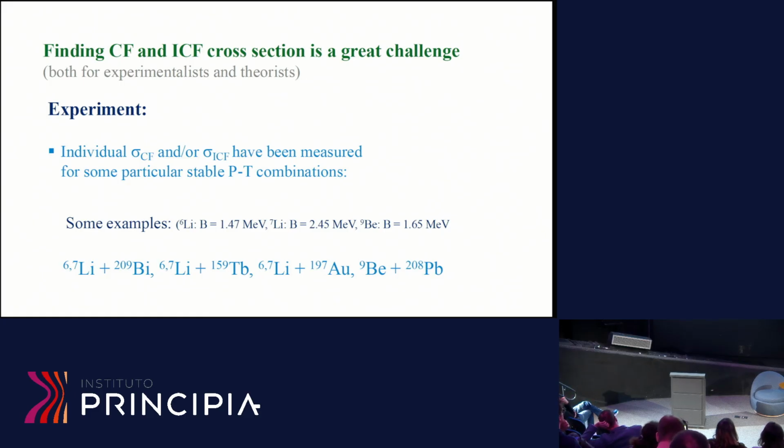There is also beryllium-9, which has a low breakup threshold, but we won't discuss this nucleus because it breaks up into 3 fragments, and then the description is much more complicated, okay? There are data for several targets, mainly heavy targets.